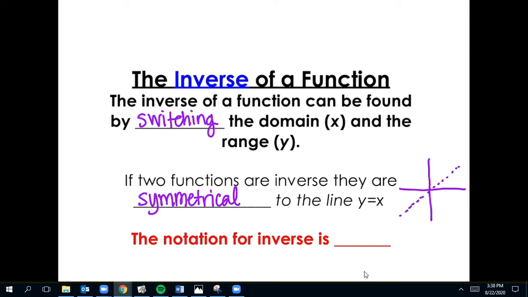And that would look like if I had one graph over here, then I would have the same thing over there. I could fold along y equals x down the middle and it would match. The notation that we use for inverse functions is we're still sticking to the f of x style notation. So it's f inverse of x, like that. We have an exponent or a superscript of -1 for inverse.